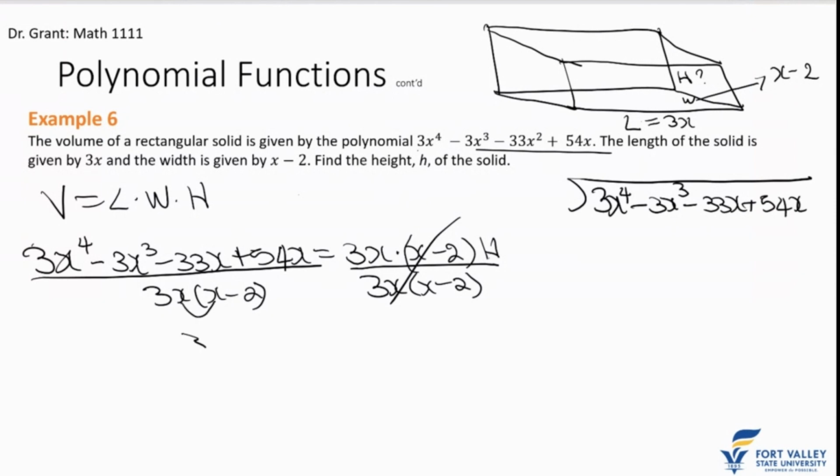This is going to be 3x squared minus 6x. Okay. So let's do our division. 3x squared goes into 3x to the 4th power x squared times. So this would just be x squared here.